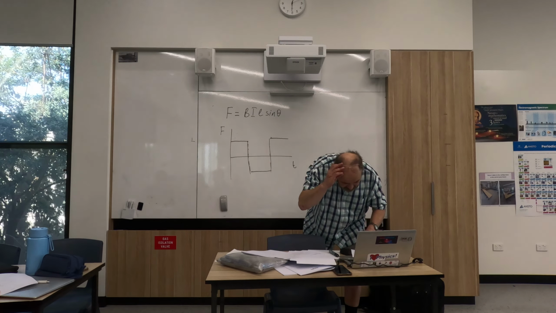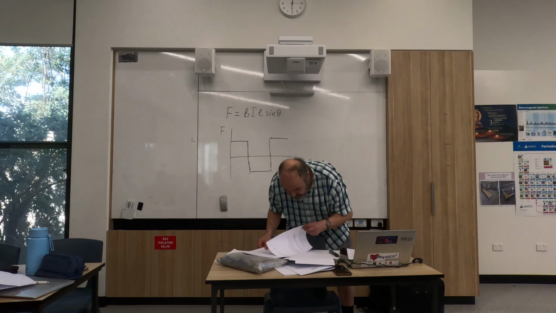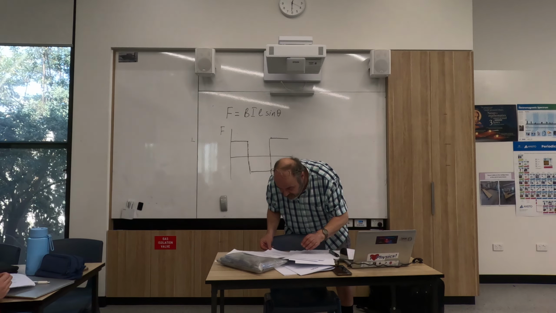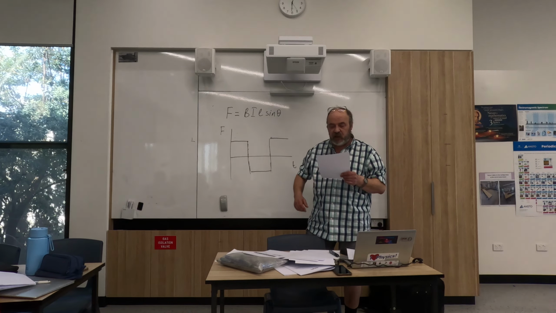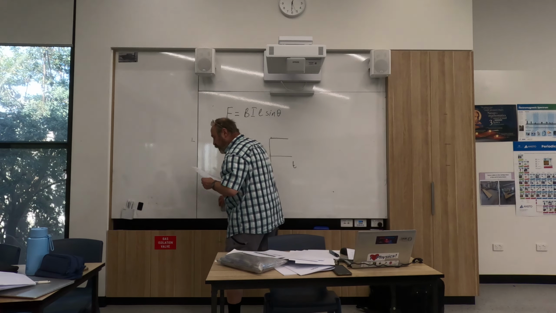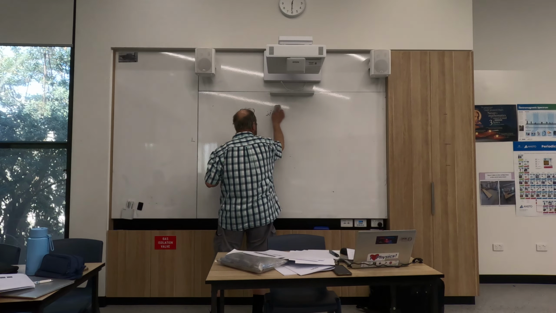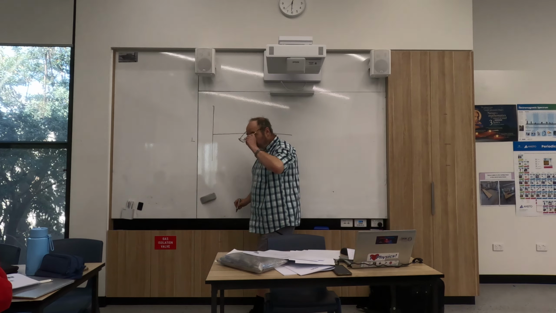Okay, next question, 8B. We have a generator that starts rotating from rest and the speed of rotation gradually increases. Sketch a graph of the EMF against time. What happens when we rotate the coil faster and faster?